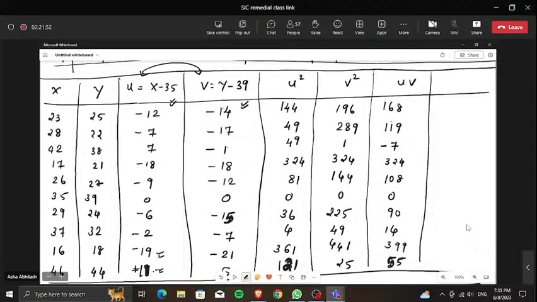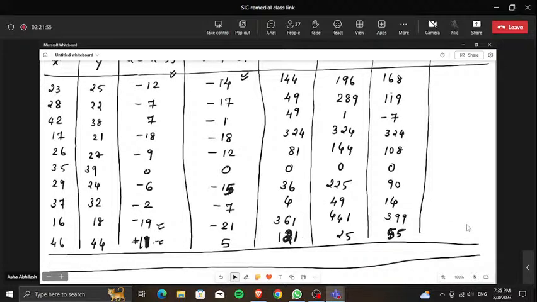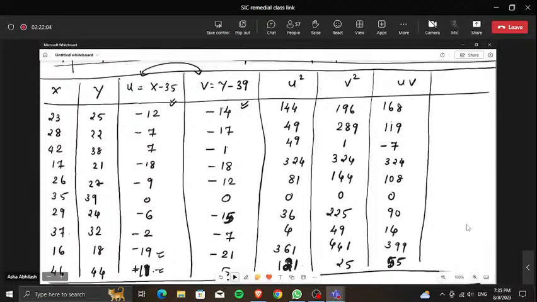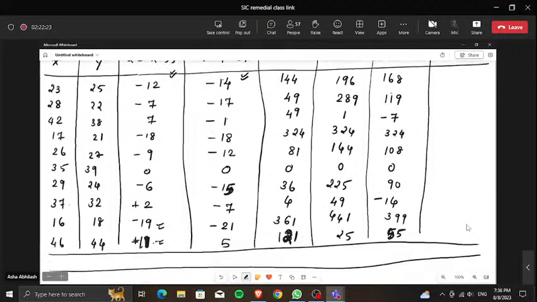Is it done? In U, the last third will be plus 2, right? I think someone has changed that value in between, so I didn't check properly. Yes, it's plus 2. So it will be minus 14. The remaining is the same. Okay, is the correction done? Did everyone get the same?